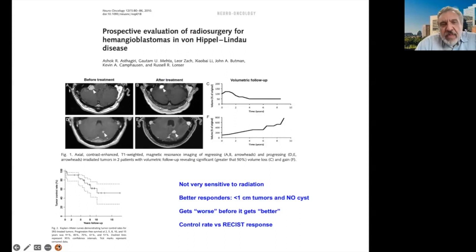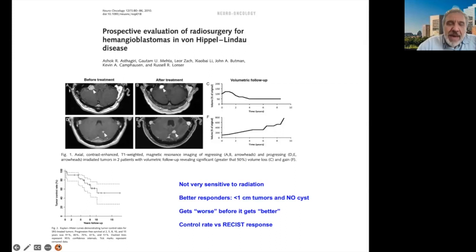I'm one of the people that does not believe very much in radiation therapy. And there are publications, like from us here, that review the radiation therapy of hundreds of patients with hemangioblastomas. And the conclusion is that they are not very sensitive to radiation. It's not like when you radiate, I don't know, breast cancer or colon cancer or stomach cancer, or lymphomas.